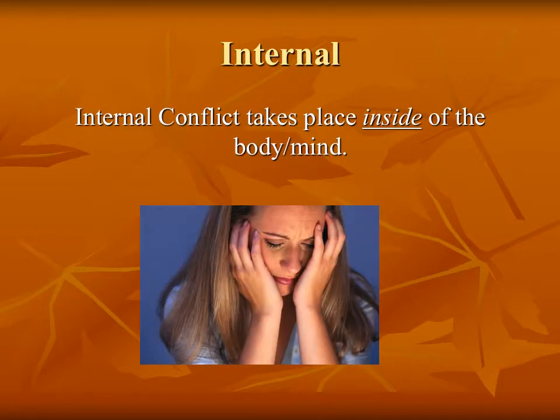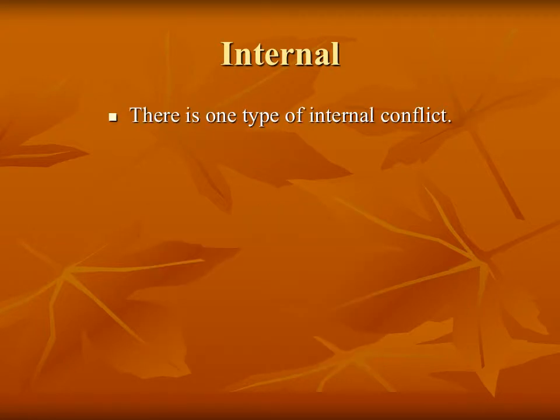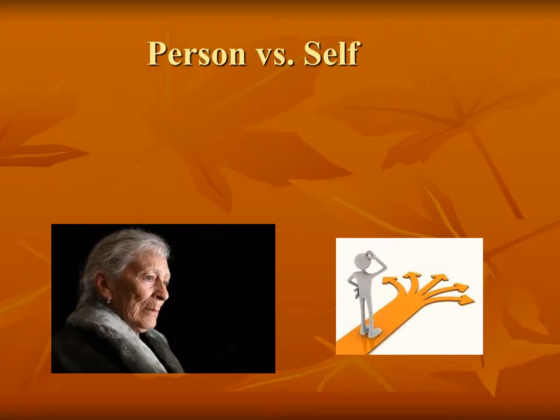So, the next type of conflict we're going to be looking at is internal conflict. Now, internal conflict takes place inside of the body or the mind. And there is only one type of internal conflict, and that is person versus self.